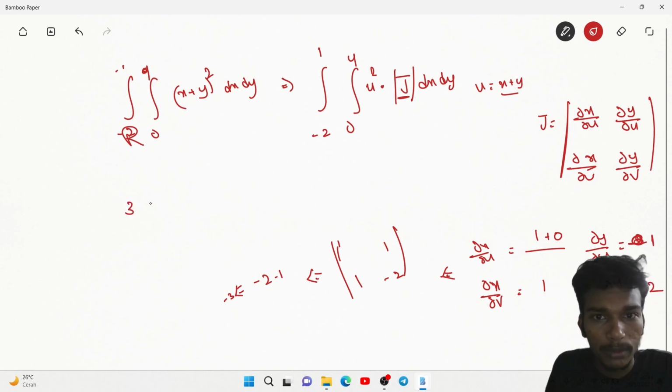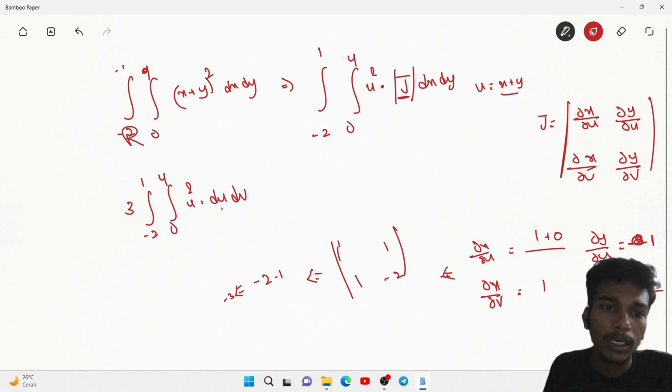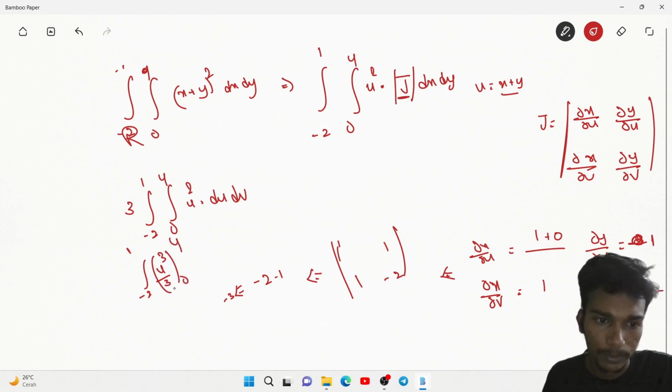Now the whole integral will become the integral from minus 2 to 1, integral 0 to 4, u squared du dv, and I'm going to integrate with respect to u first and v next, because these are the limits of u, right? Integral of u cube by 3 between the limits 0 to 4 gives 64 by 3 into dv.